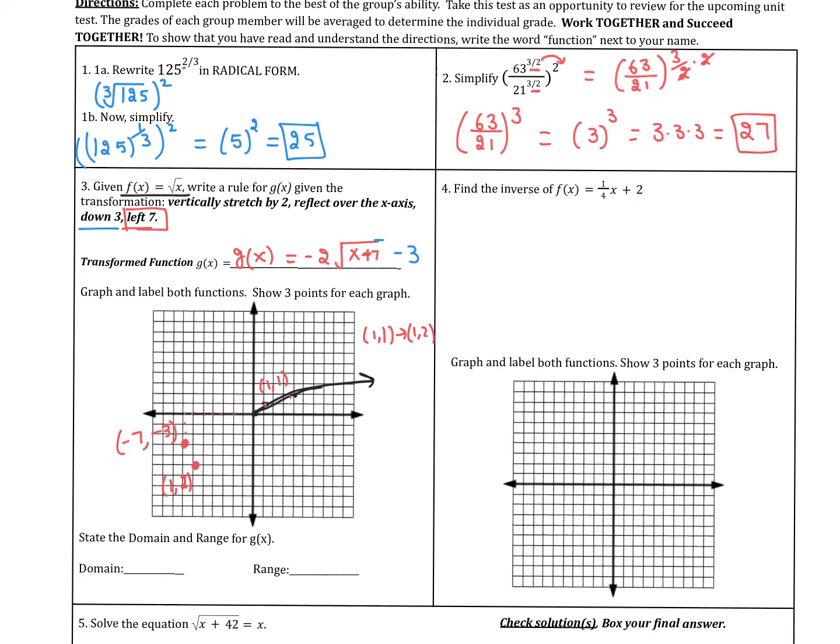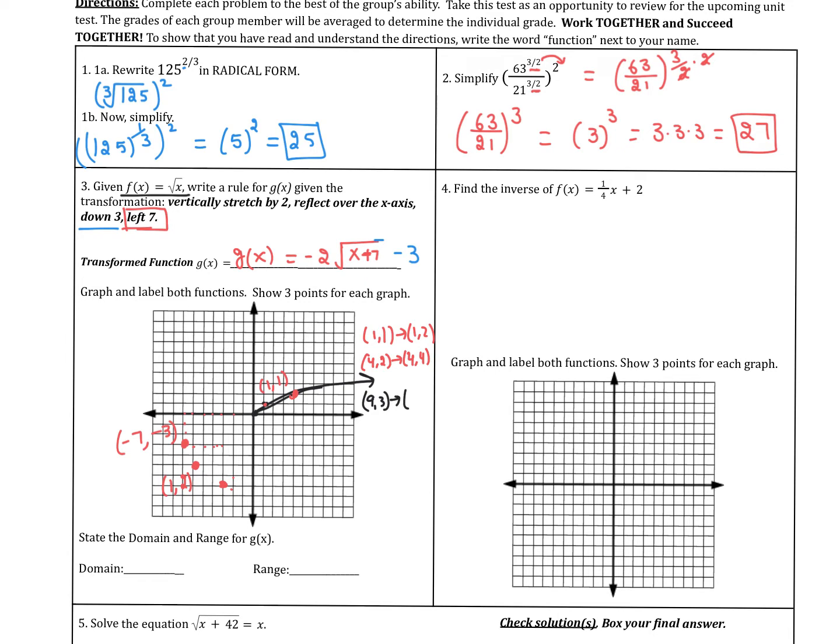And the second point was 4, comma 2, but it's moved to 4, comma 4 because it's moving by a factor of 2. So the next point was 9, comma 3.